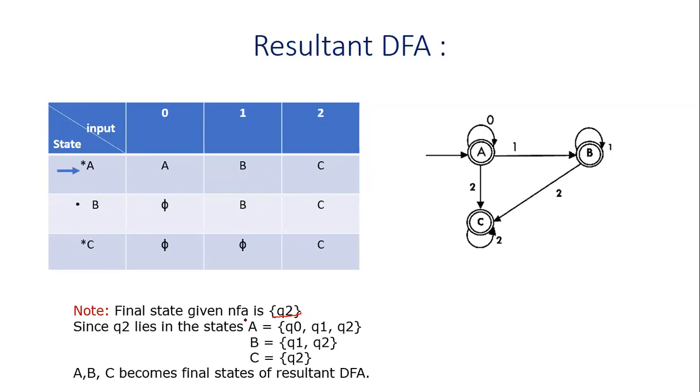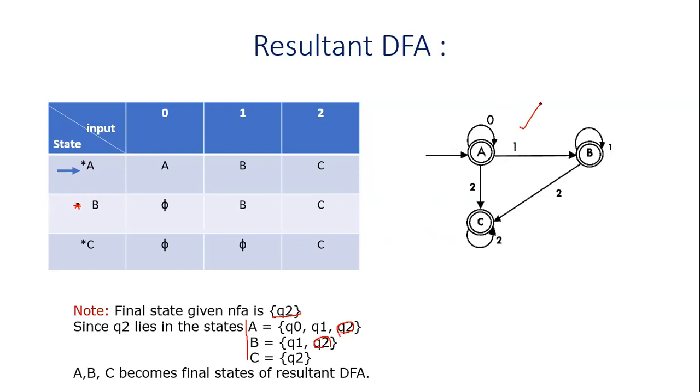All the new states are able to reach the final state. The final state is also part of these states A, B and C. So we can say all three states are final states. In this diagram we have just marked them with a double circle. This is our final DFA.